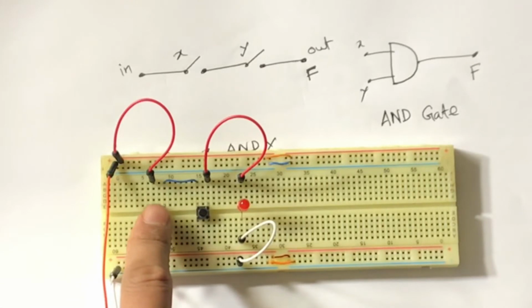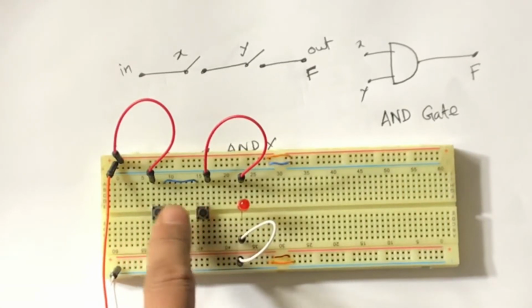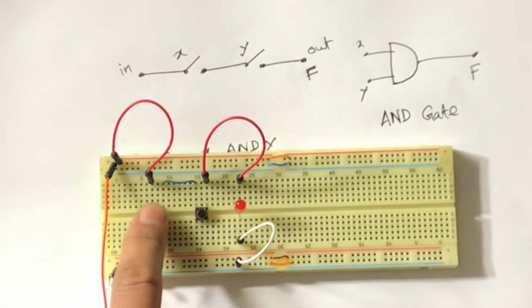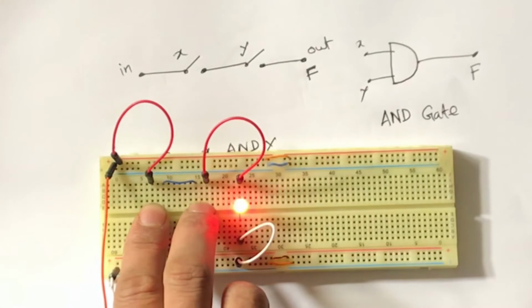So for AND operation, both switches need to be connected at the same time, otherwise the output will not come from this LED. X and Y, then I will get the output, otherwise not.